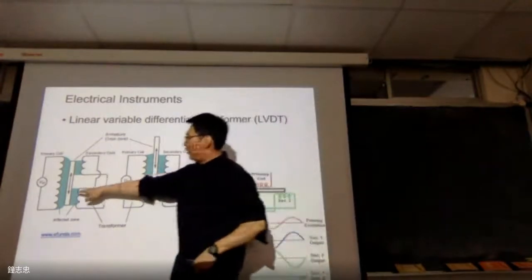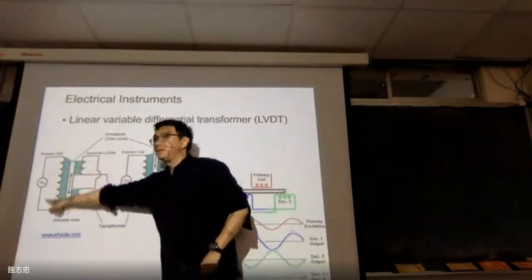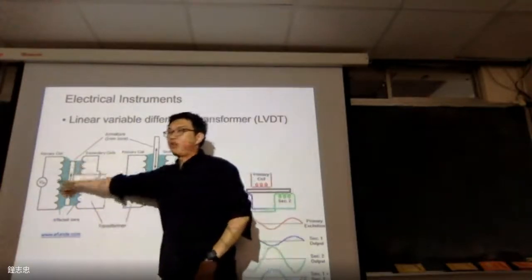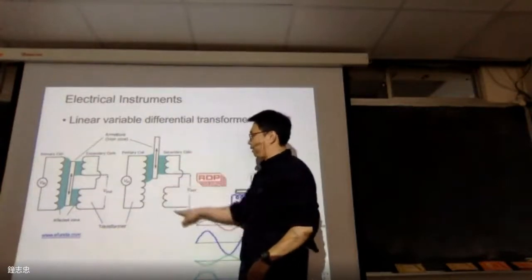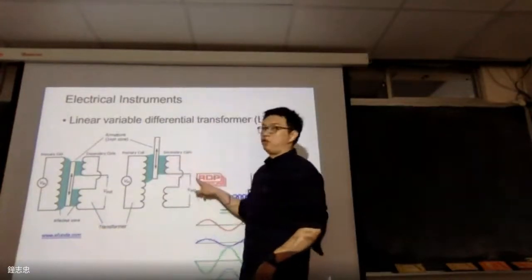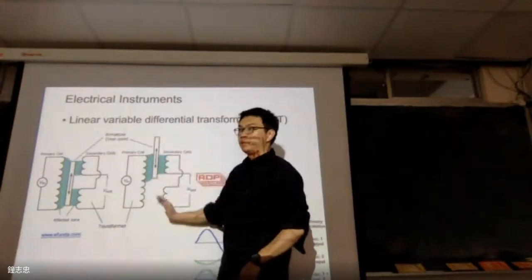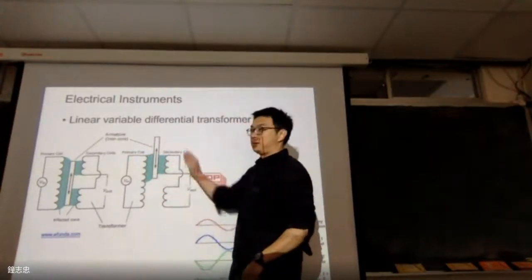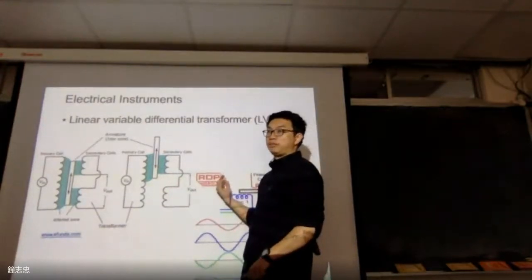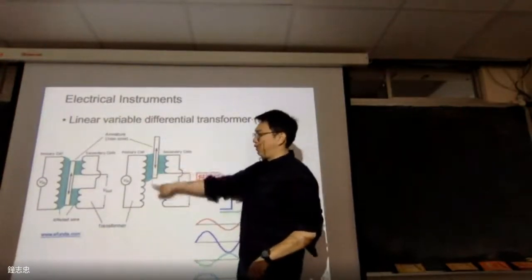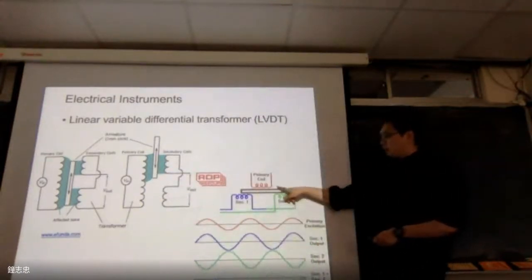So if I have this tube inside of this field of the electromagnetic wave, it changes the response of this secondary one. This is the source of the field, and this is the response to output the voltage.